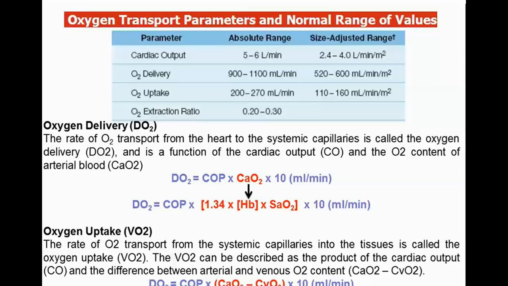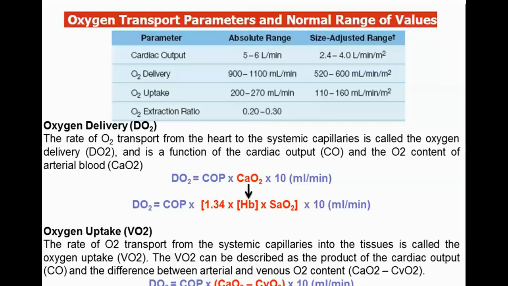This is per liter. The oxygen uptake will be taken per liter, or for the whole body, for all the cardiac output. The whole cardiac output is 5. 5 by 50 will be 250. So the oxygen uptake is 250. It's clear?